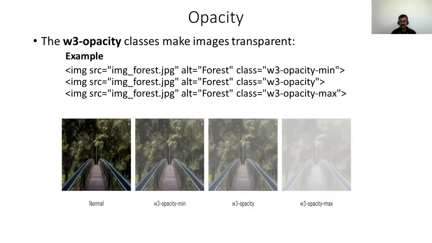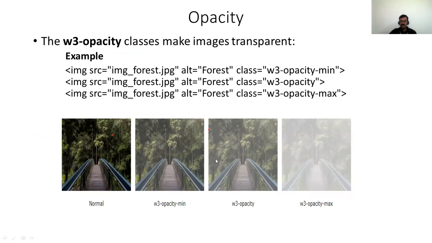So next is the opacity classes. The W3 opacity classes we have to include in the image tag. This class makes an image transparent. The normal classes show how we can make it transparent. So that is a normal picture. This is a transparent of minimum. It's a normal transparent. This is a maximum transparent.